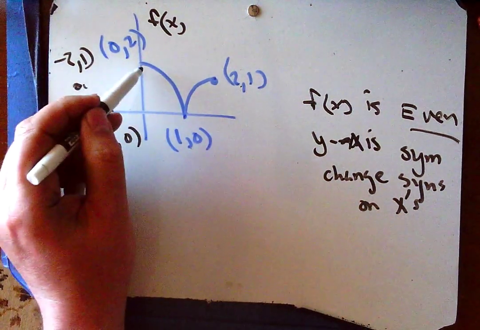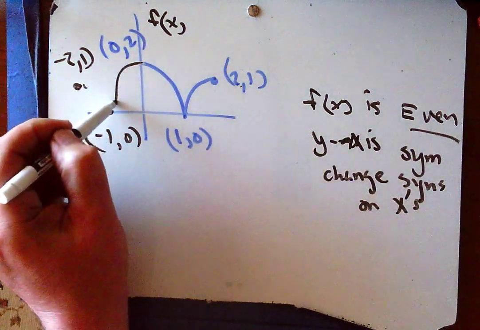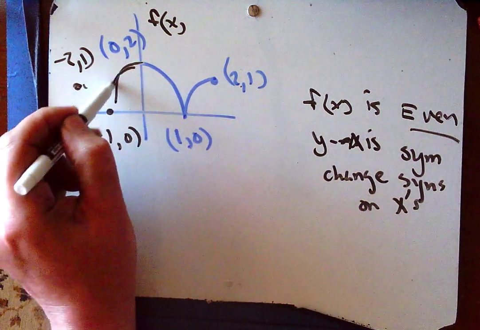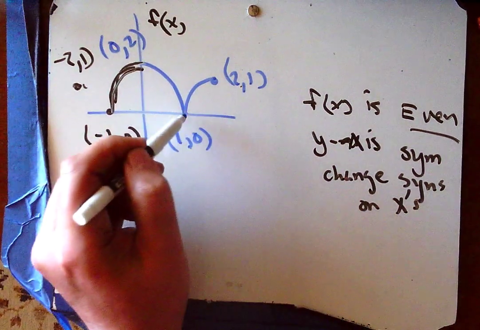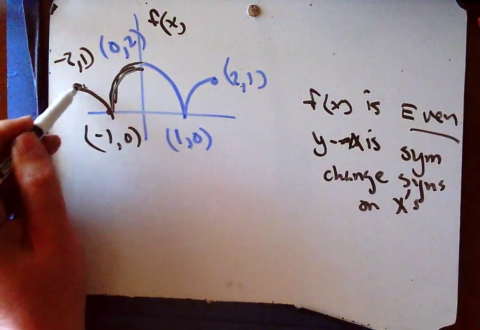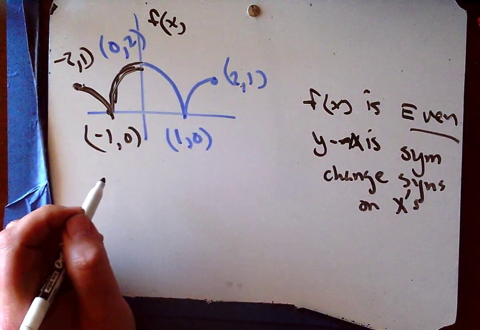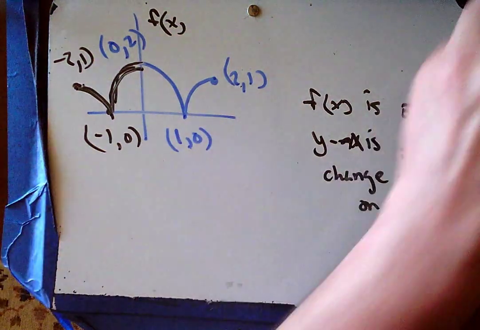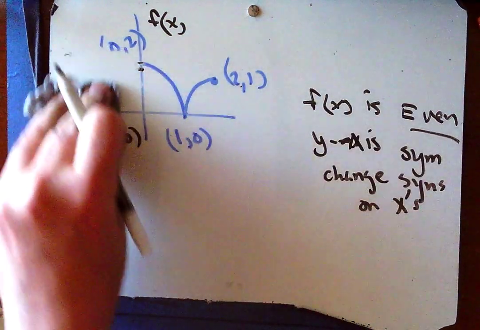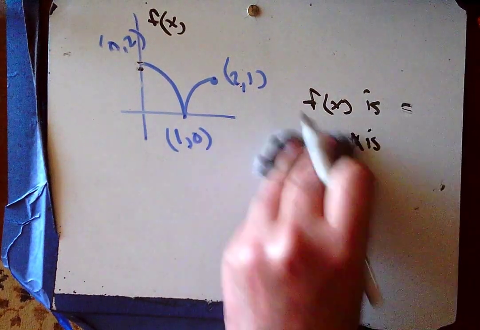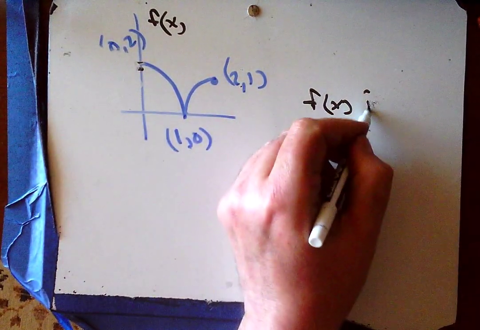Okay? And so we're just reflecting across the y-axis, so this concave down matches this concave down, and this concave down needs to match this concave down. Good. Oh, did I say even? Oh, I'm sorry. I really meant to say odd.